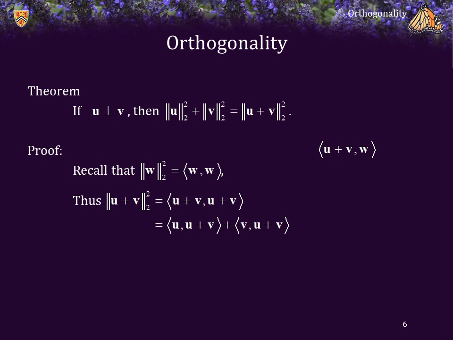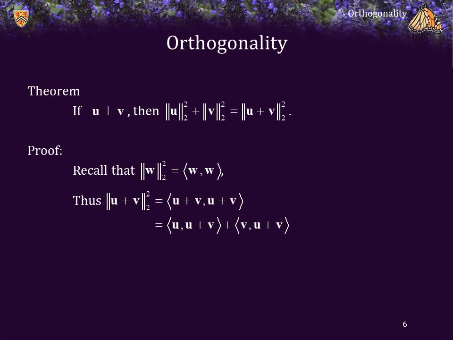All right? Now, from the properties of the inner product, this is equal to the inner product of u and w plus the inner product of v and w. Now all we have to do is substitute back in u plus v for w to get the expression we just found. All right. Next step.